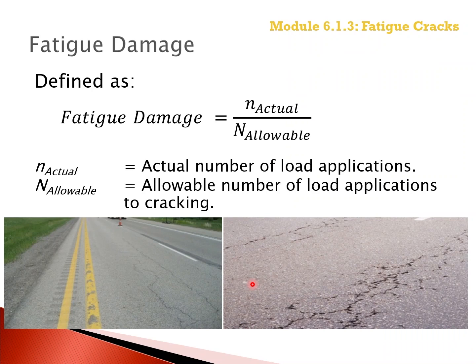First, what does the incremental fatigue damage accumulation mean and how is it determined? Remember from Module 2, as well as from Module 5 for rigid pavements, the fatigue damage is a result of the actual number of load applications divided by the allowable number of load applications, just like what was demonstrated from the paperclip experiment.